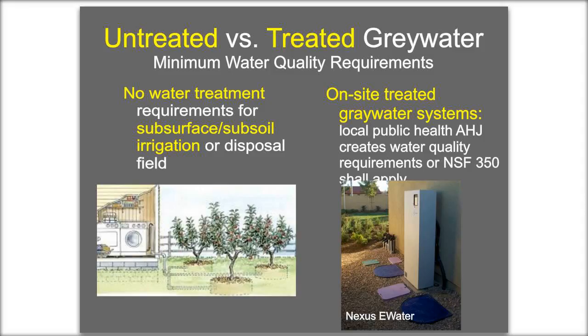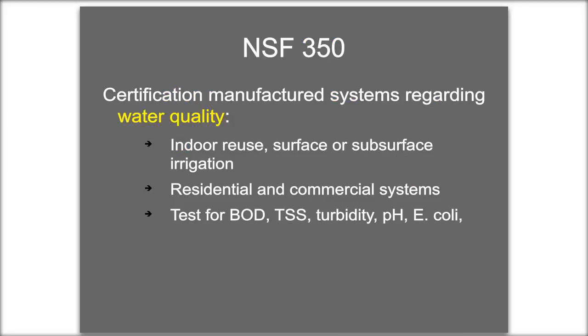So NSF 350 is a third-party certification of systems, and they have their own water quality requirements. I'll show a little bit more about that. And again, the treated graywater is going to be used for indoor or it could be outdoor irrigation, but it has more potential uses than the untreated.